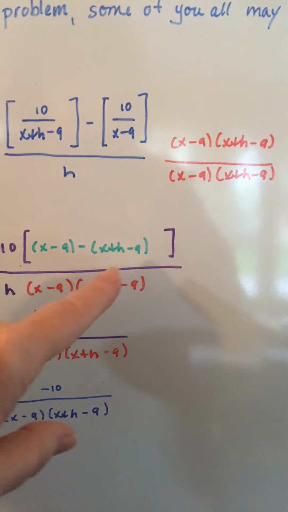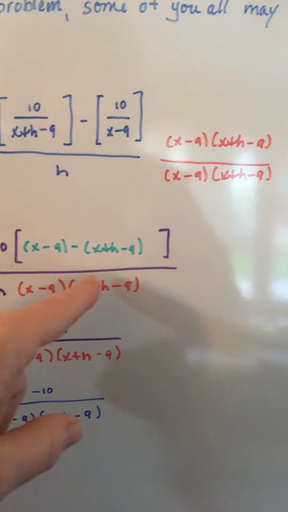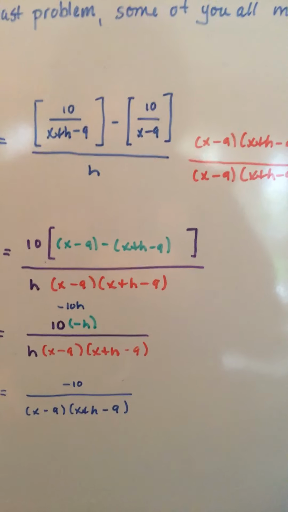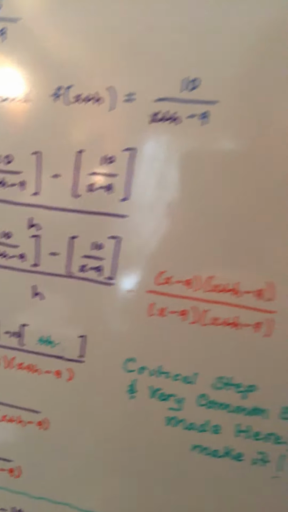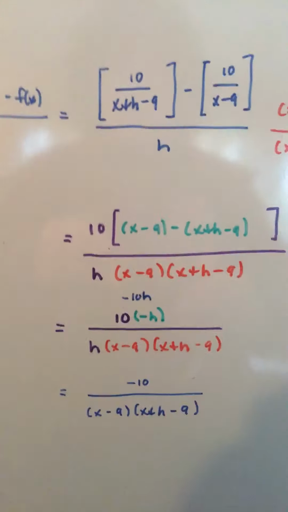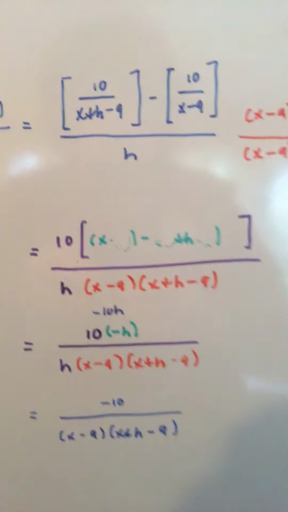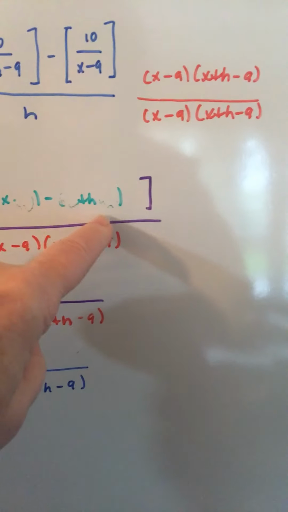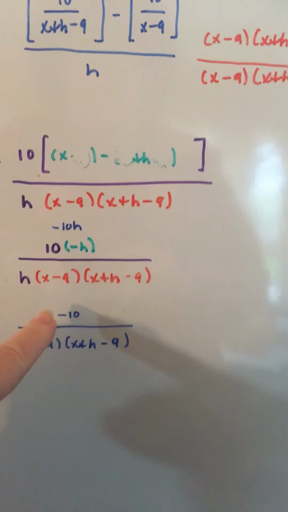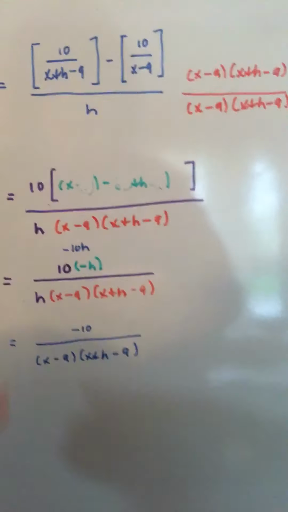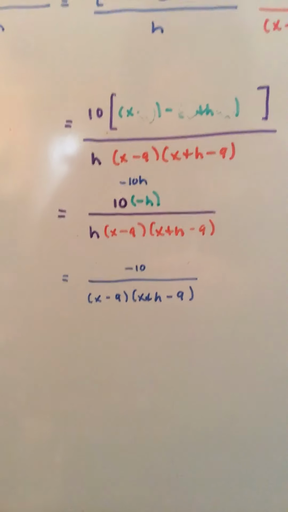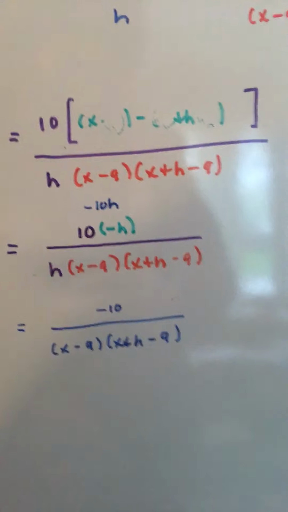Then on the inside, I can just play what's missing with the x minus 9 and x plus h minus 9, and I'm not confused by the mess that we originally had over there. And so the x's and the 9's kill each other off, and I see a negative h times 10, negative 10h. And then eventually I'm back to the same answer, which is this.